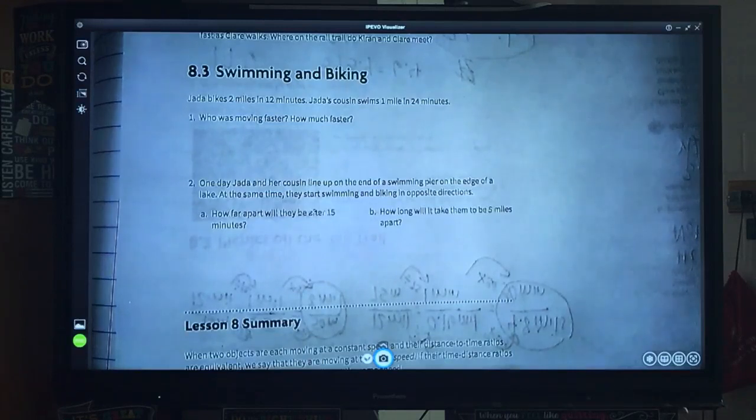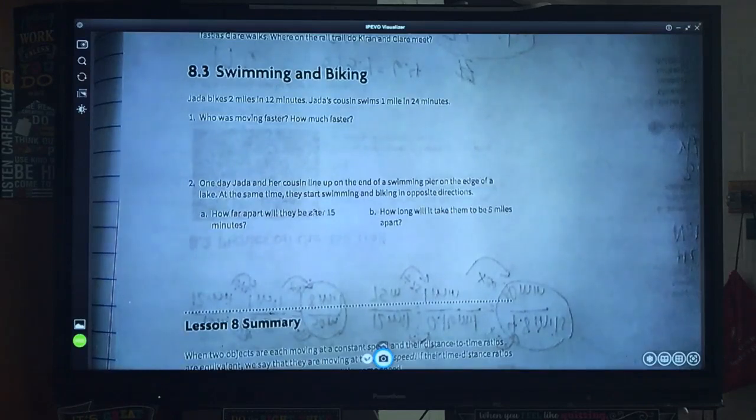That's not asking for miles, it's asking for minutes. How many minutes? An hour and a half. 18 miles, right? Miles. No, minutes. I don't know how many minutes he was faster.